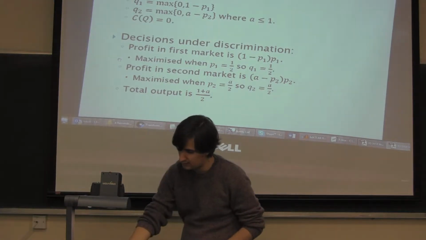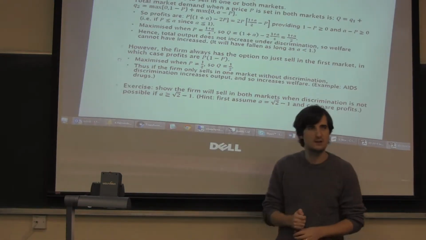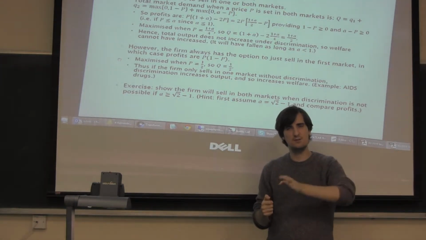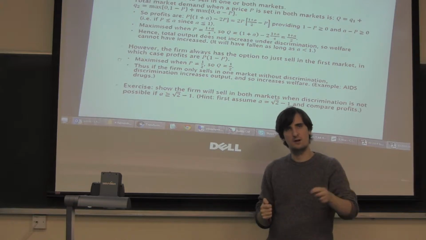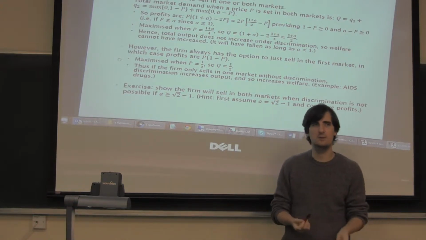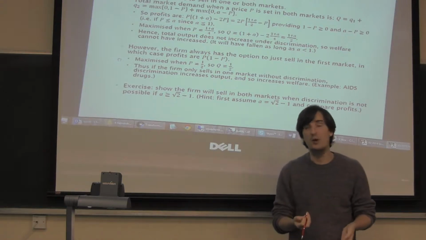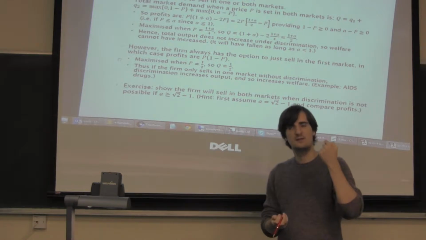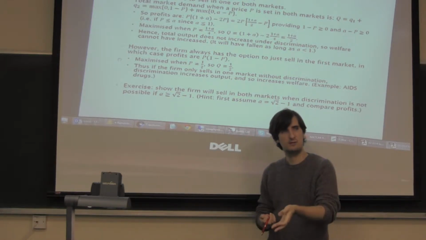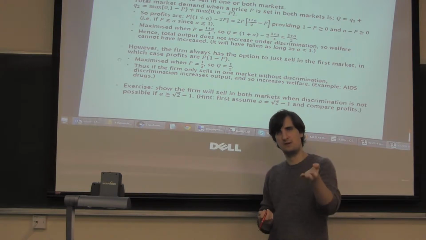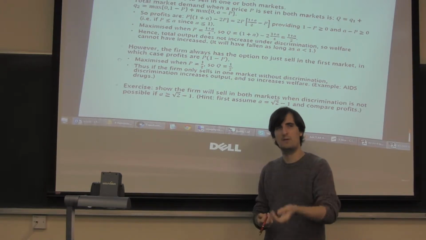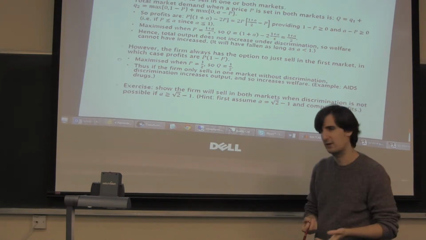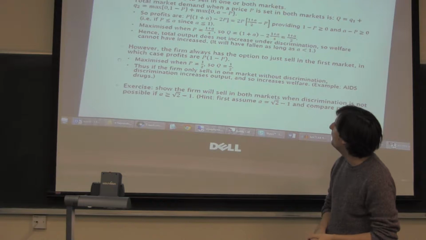Whereas with discrimination the firm can see what type of consumer you are and charge you a different price. If the firm can't see what type of consumer you are, or isn't allowed to by law, then they have to decide whether to set a price so high that the low type consumers aren't going to buy at all, in which case they just maximise profits from selling to the high type, or whether to choose a price at which both high and low types are prepared to buy the good.